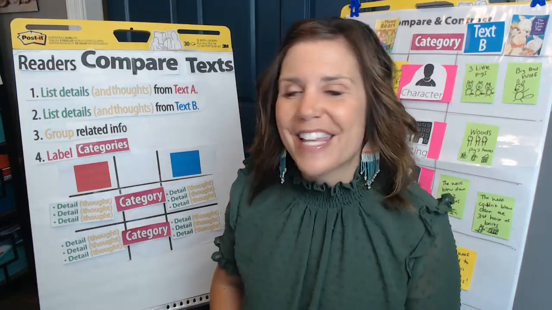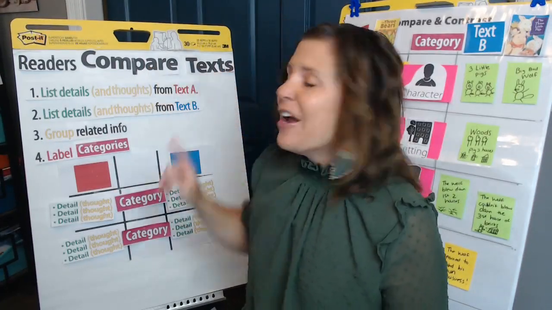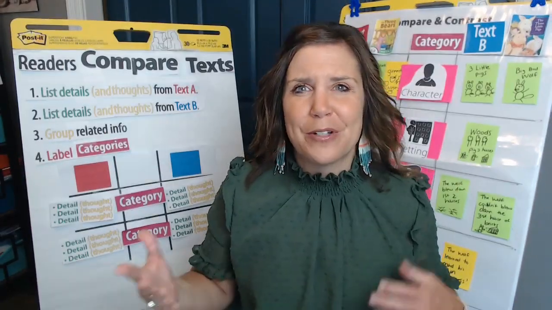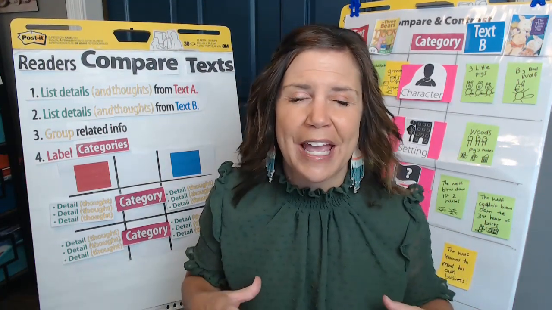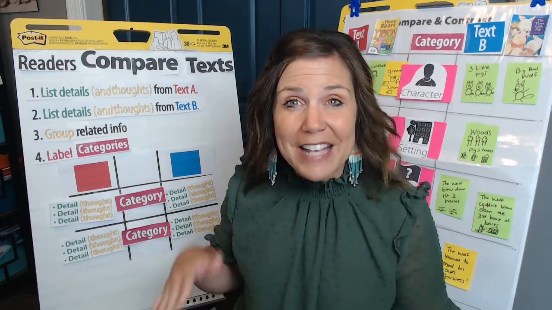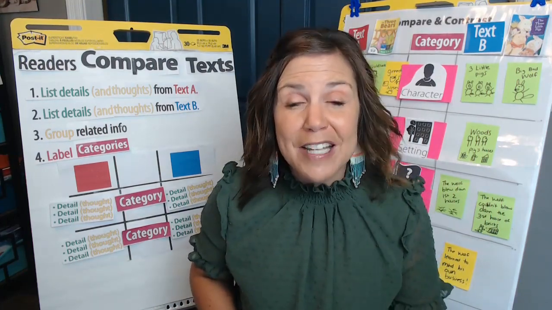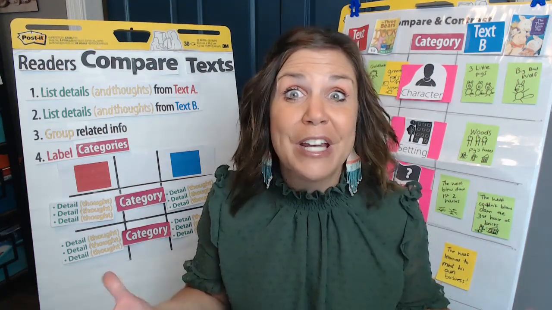In our previous lessons, we've talked about how readers compare text. In the first lesson, we talked about how readers can compare topics, and we talked about comparing pizza and ice cream and Oreos and peanut butter crackers. And then in our last lesson, we talked about how a lot of times readers want to compare fiction text or literature.